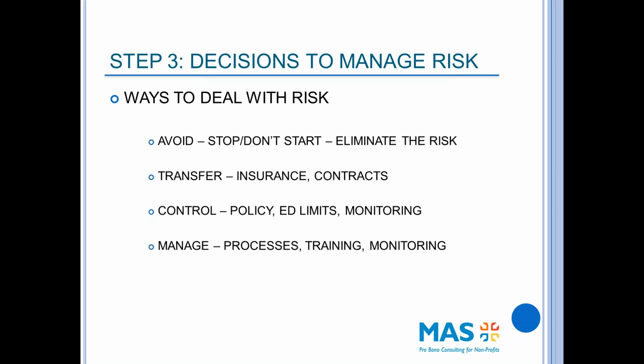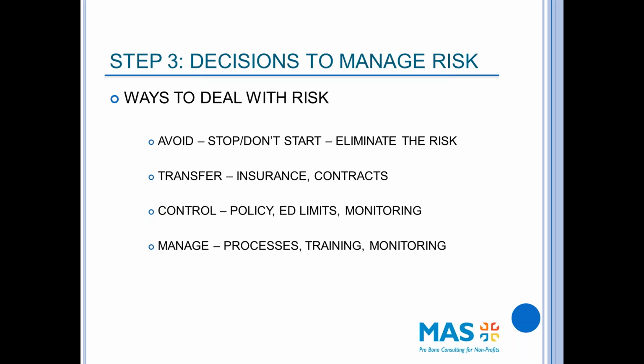And when you think about it, there are only 4 ways to deal with risk. I can avoid the risk, meaning I either don't start doing something because I decide I can't tolerate the risk, or I stop doing something because of the risk involved. So you can avoid risk.